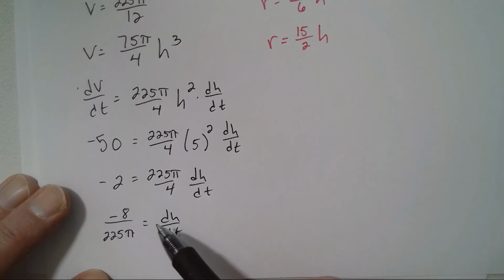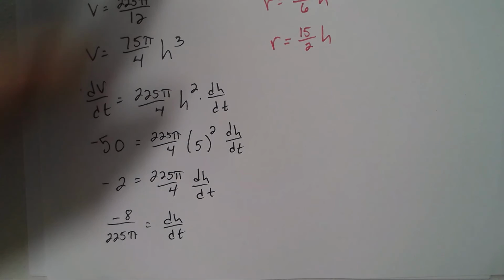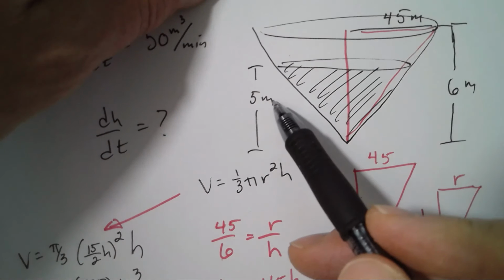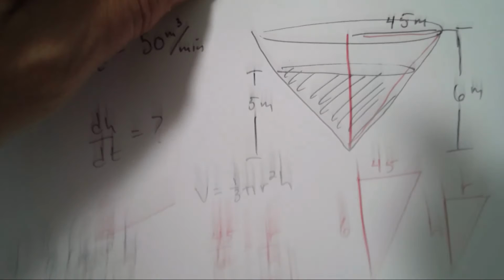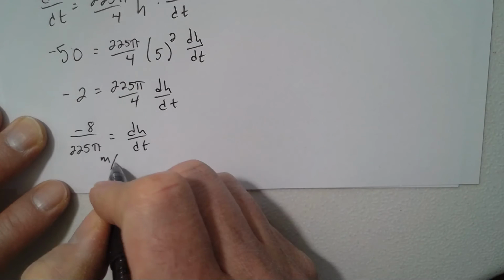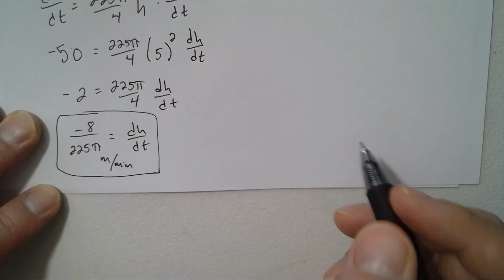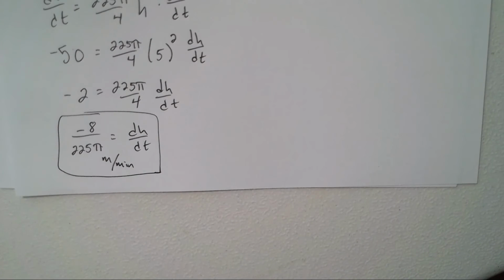Our height is dropping and we're in meters, so it would be meters per second. Meters per minute, sorry. So that's part A.